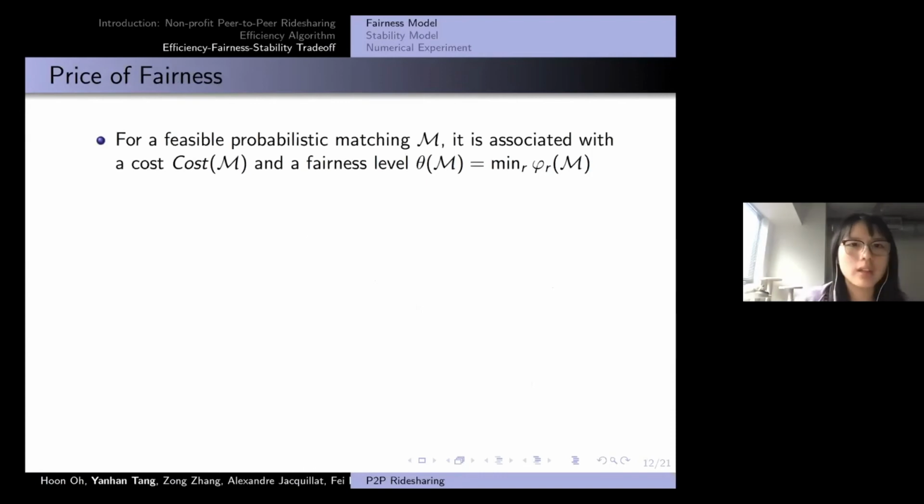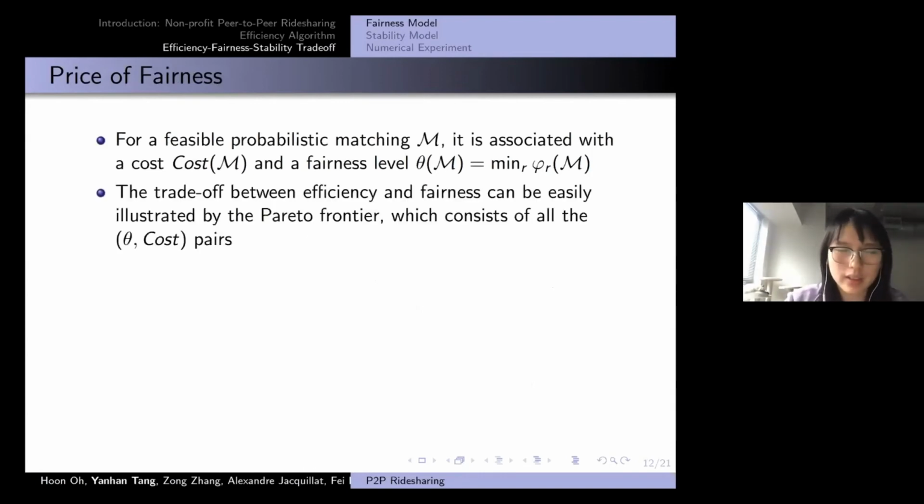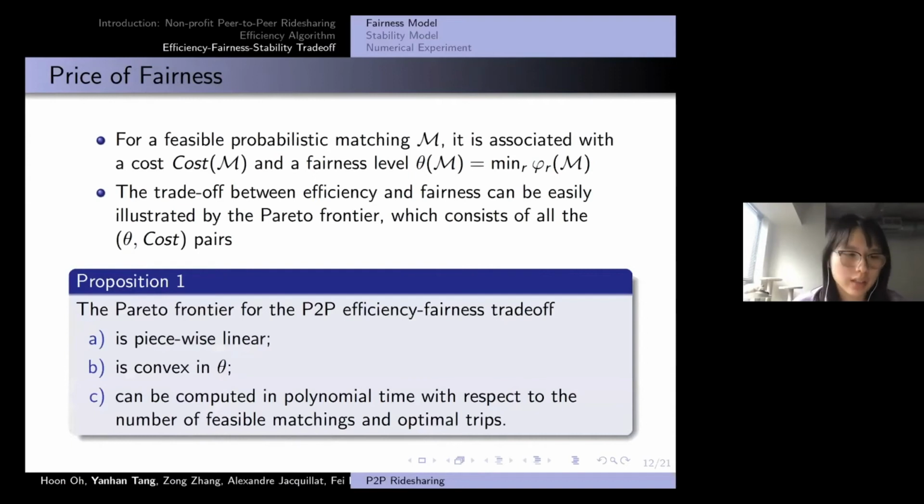Now we move on to study the price of fairness. By adding a fairness constraint, there might be additional cost incurred, and the Pareto frontier is a common tool to study multi-objective trade-offs. In our problem, we proved that the Pareto frontier is piecewise linear, it's convex, and it can be computed in polynomial time.